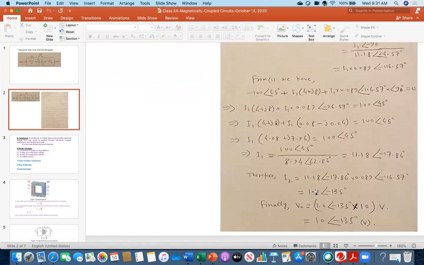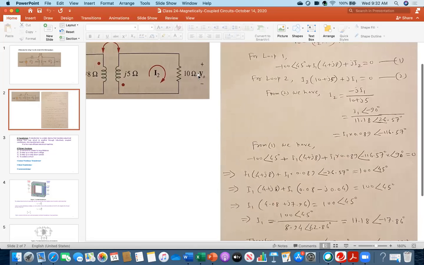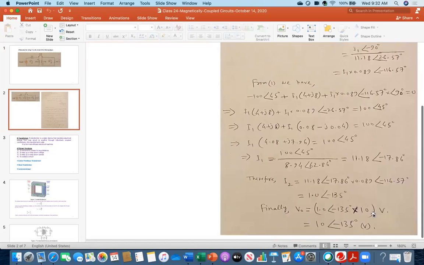So then I got I2 of 1.0 angle minus 135 degrees. So then V0 is easy, just multiplied by 10, because the resistance value is 10.